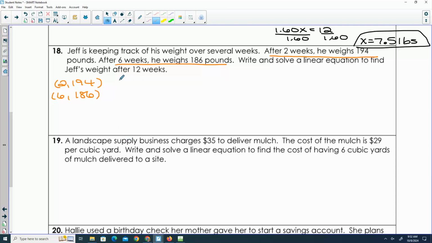So we need our equation. So slope: y2 minus y1 over x2 minus x1. Now we plug into our point slope formula: y minus y1 equals m times x minus x1.